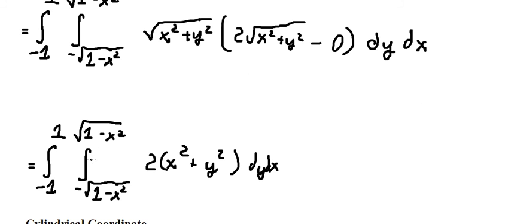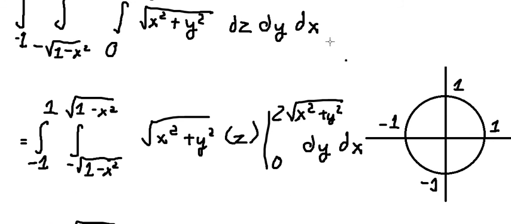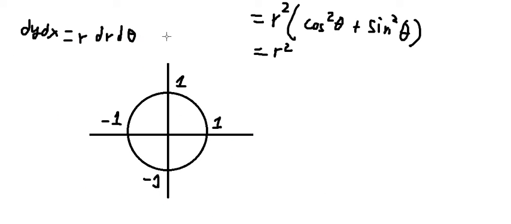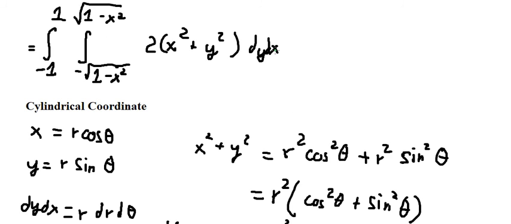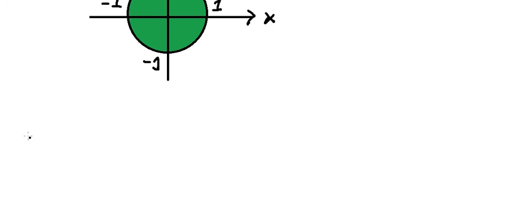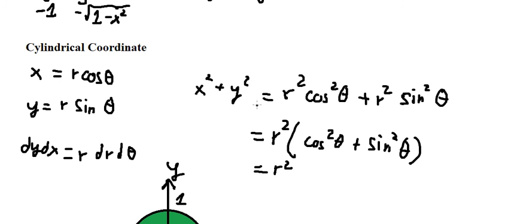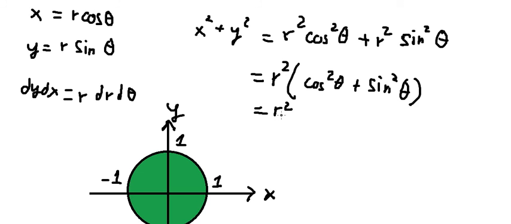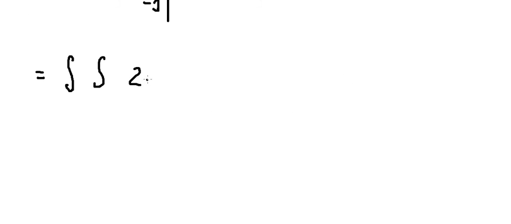Now we see that we have this circle here. We concentrate on the circle, and now we need to change everything. So x squared plus y squared equals r squared.